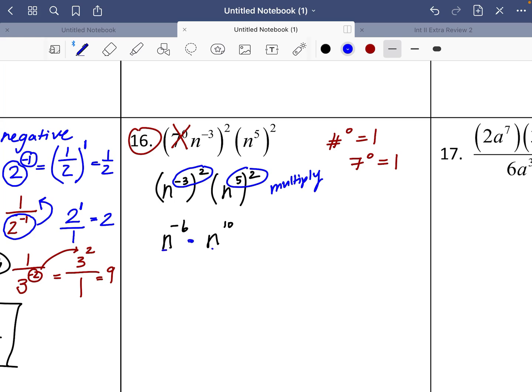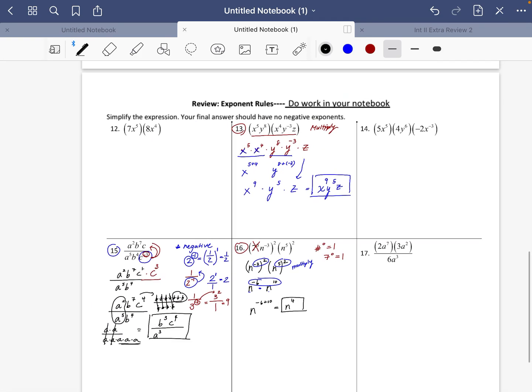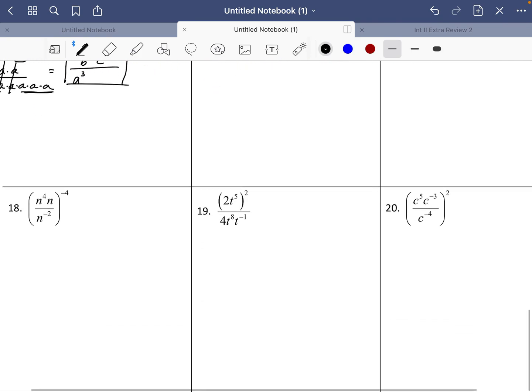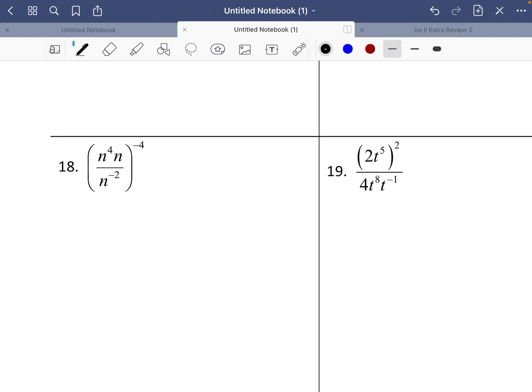So then we can add the exponents together. So we're going to add these two. So n to the power of negative 6 plus 10, which is n to the power of positive 4. Okay. Next one, 18.